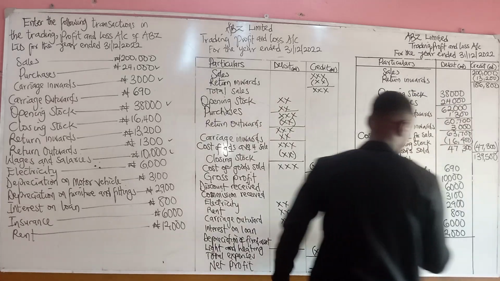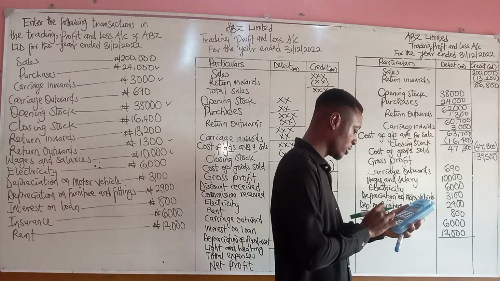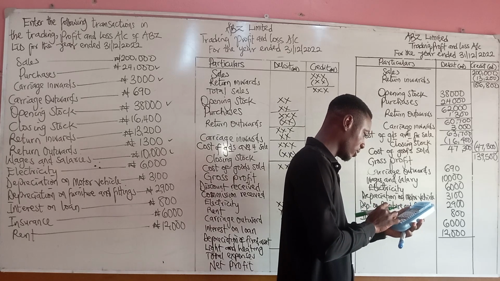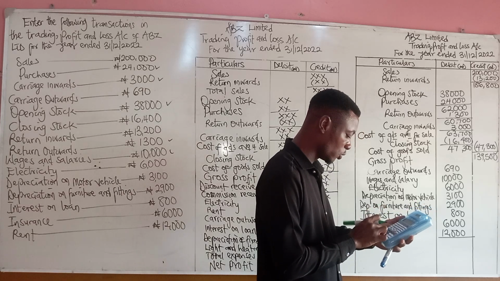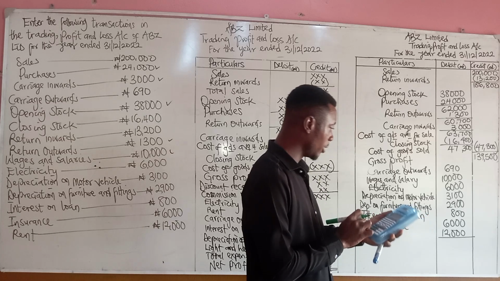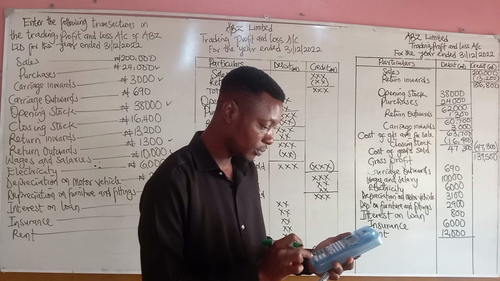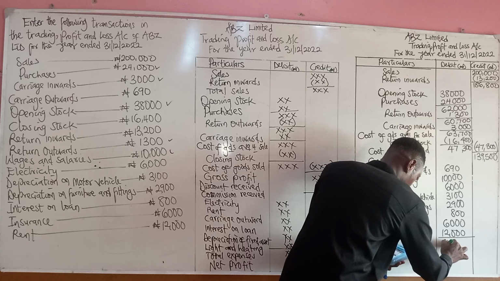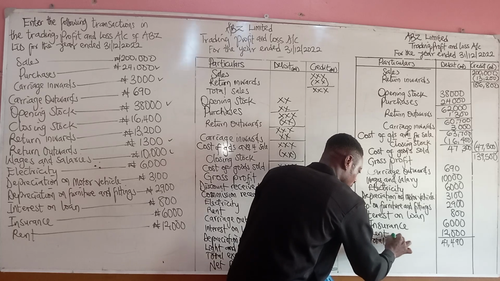Now, if we calculate this, for me to have our total expenses, I have 690 plus 10,000 plus 6,000 plus 3,100 plus 2,900 plus 800 plus 6,000 plus 12,000. So this will give me a total of 41,490, which is my total expenses.